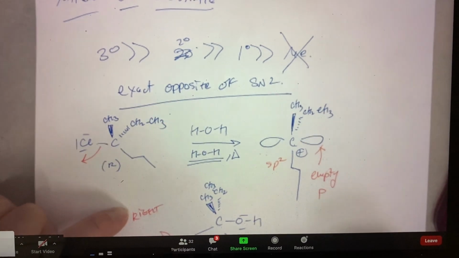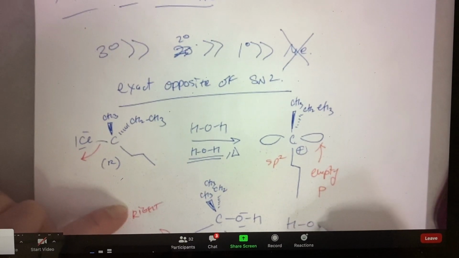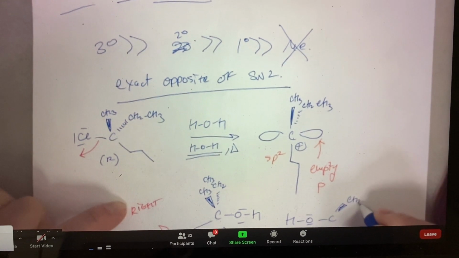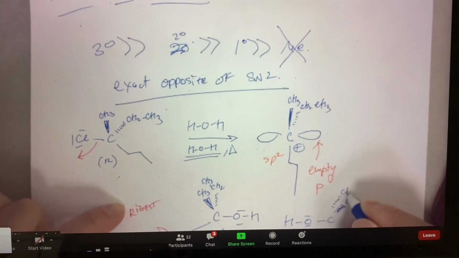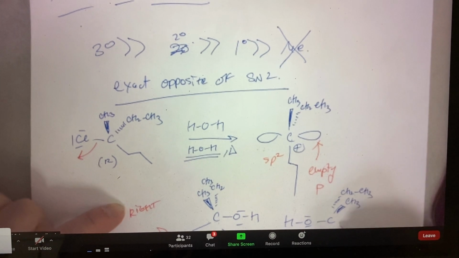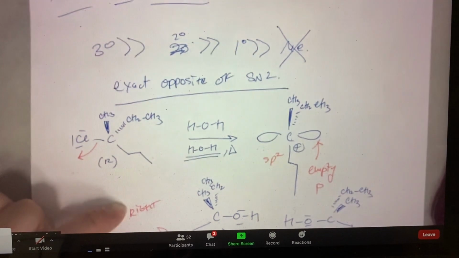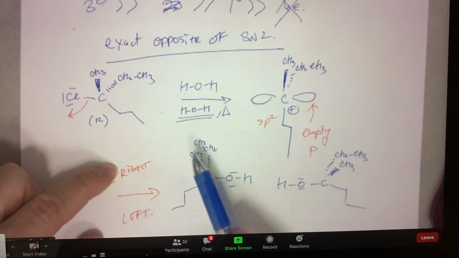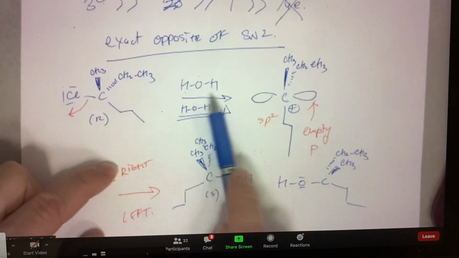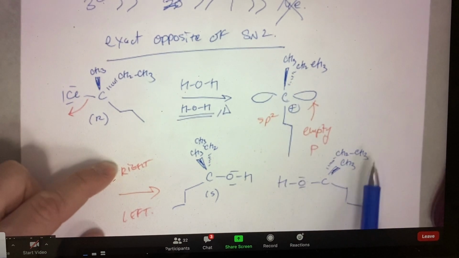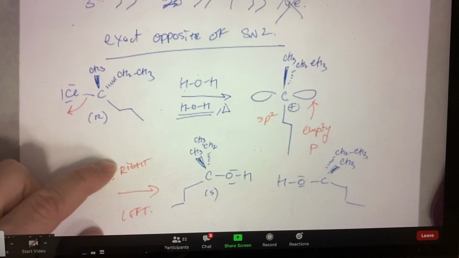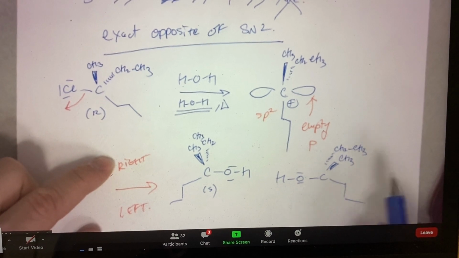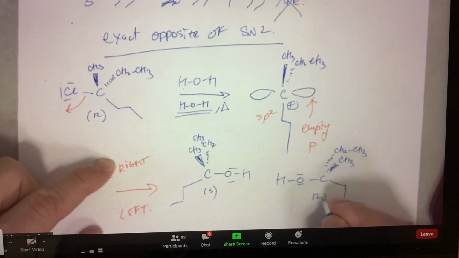And if we came in from the left side, did our deprotonation step of the oxonium ion, this is the chirality of the molecule that we would have. So we're coming in from the right-hand side, we make this one, we come in from the left-hand side, these groups get pushed that way, and in this particular example, this one here would have R stereochemistry.